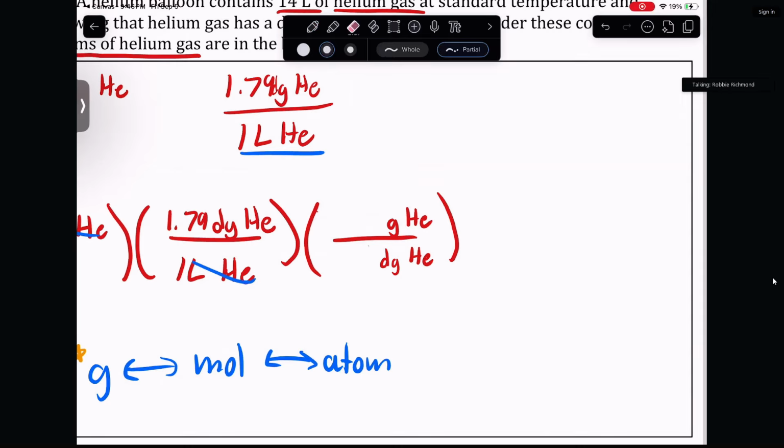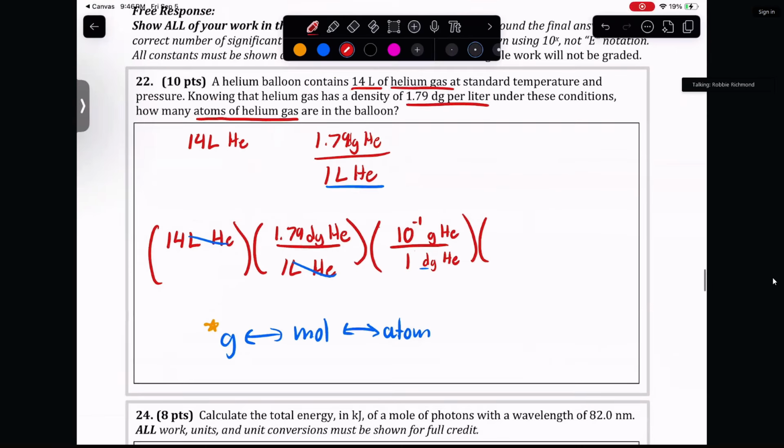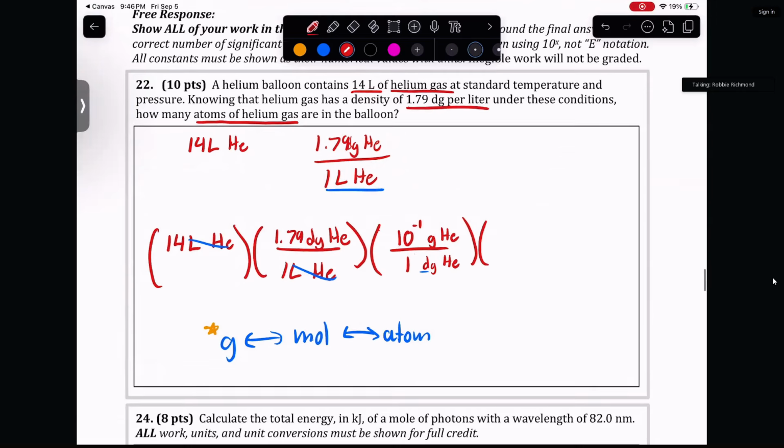And if you want to think about it a different way, if you see a prefix like deci, milli, kilo, femto, any prefix with an SI unit following right after it, that's where I would put the 1. Cool. Right after that, we got grams. Now we can use this relationship between grams, moles, and number of atoms using the periodic table.